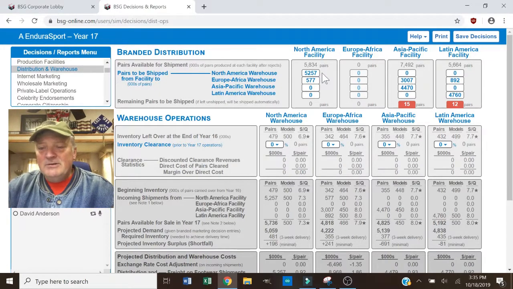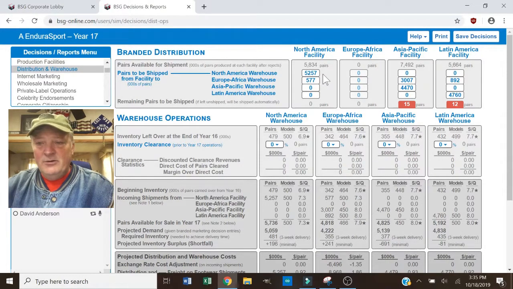So here's my prognosis on this. I want to make sure that I ship the amount of shoes that is going to be at the top of where I think I can sell those shoes, however many I can sell.